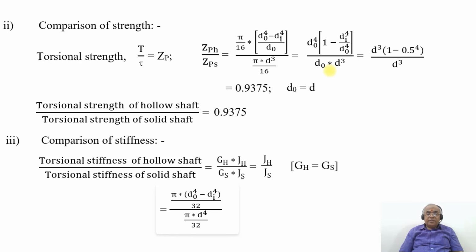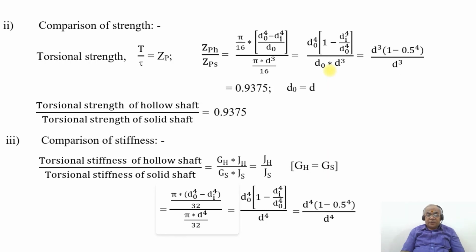So pi by 32 cancels. Taking the common factor D naught to the power of 4 outside the bracket into 1 minus Di by D naught whole to the power of 4, divided by D to the power of 4.